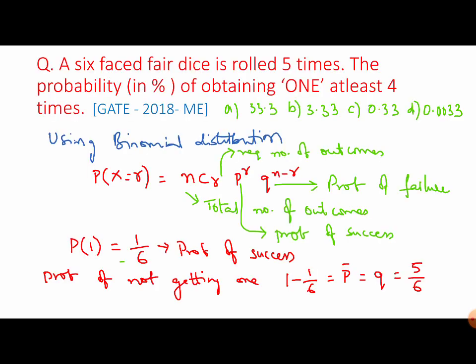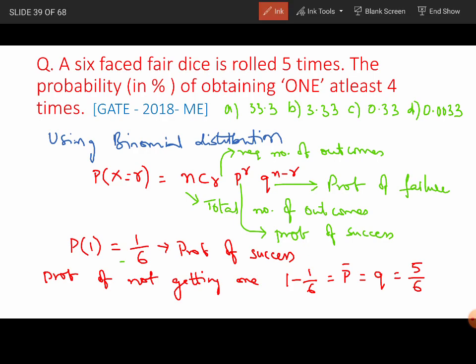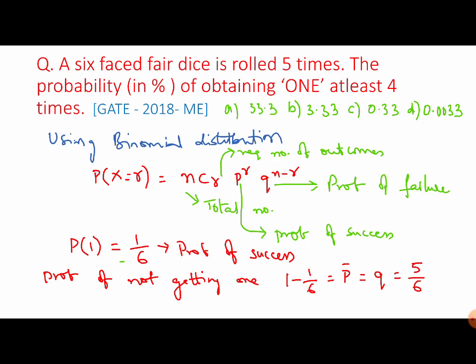Now what is n? Total number of times you are throwing. So let me write down n is equal to number of times. How many times are you repeating the experiment or throwing the dice? 5 times.